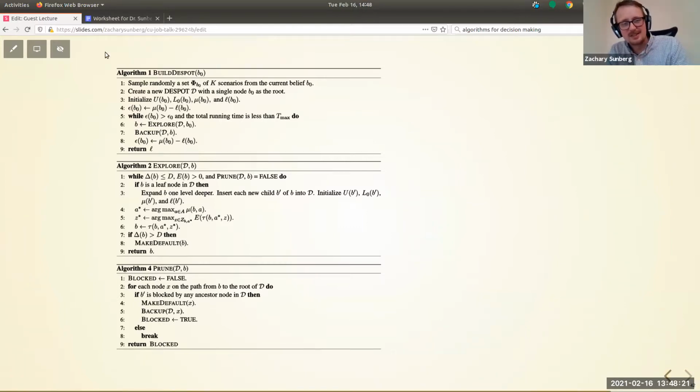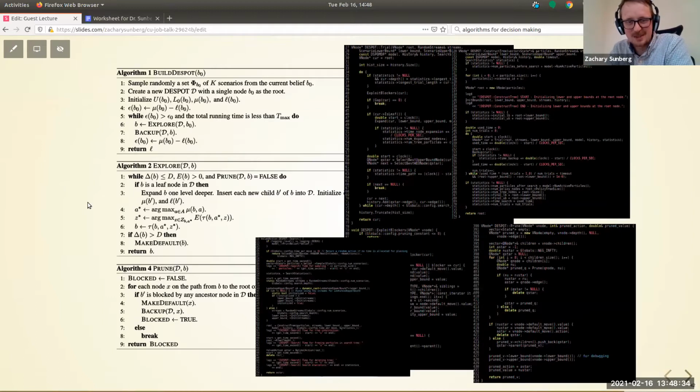So this is the pseudocode from the paper that describes the DESPOT algorithm. It's got these 3 functions in it for creating that online search tree. And this is the C++ implementation. I worked with this, I dug into it very deeply to try and figure out how it worked and how to modify it.